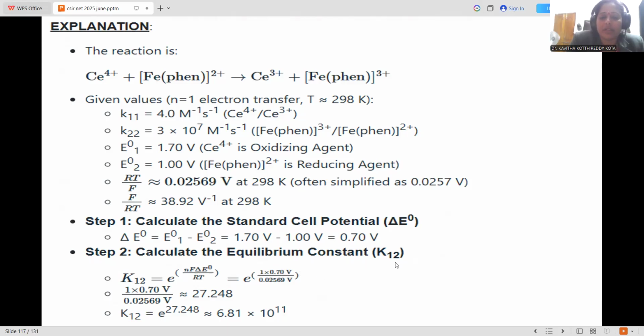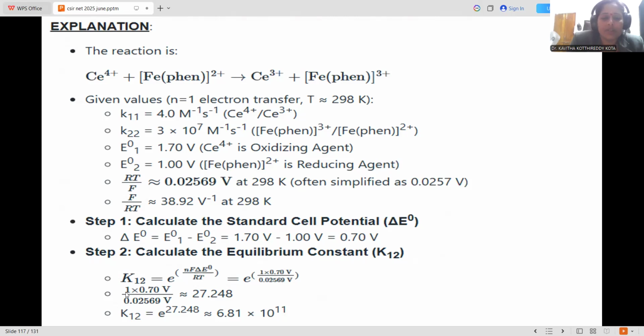Now the equilibrium constant K12 is to be calculated. In order to calculate K12, the formula will be e to the power nF delta E naught by RT. The n value is 1, the Faraday value is already included, and delta E naught was just calculated as 0.70 volts. The F by RT value is indicated as 0.02569.